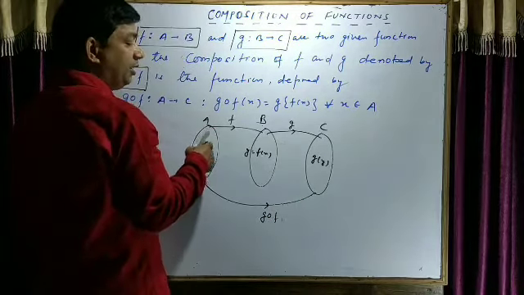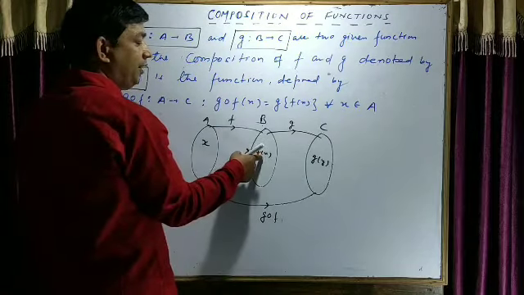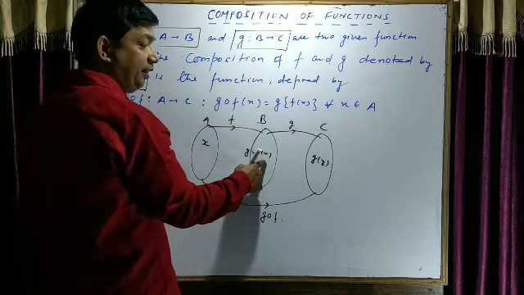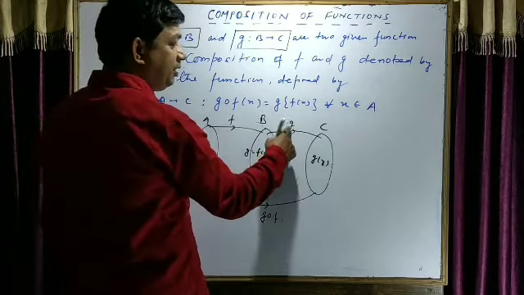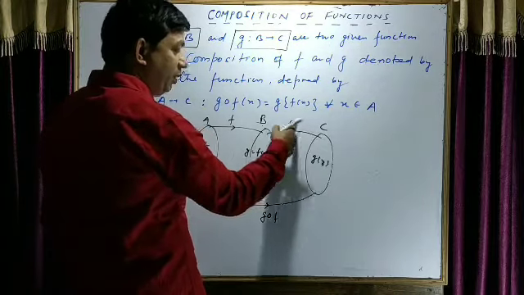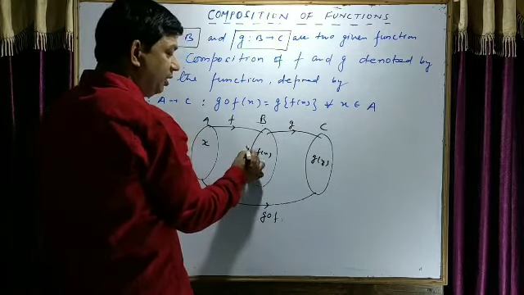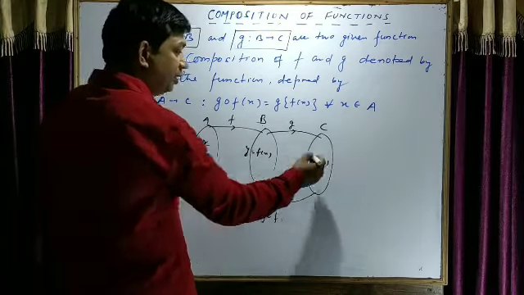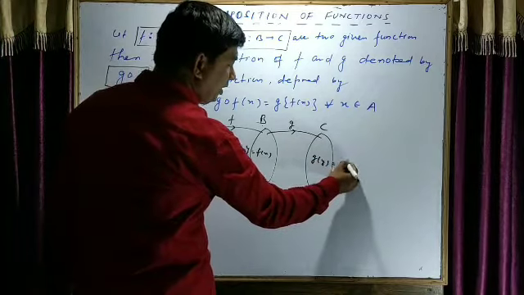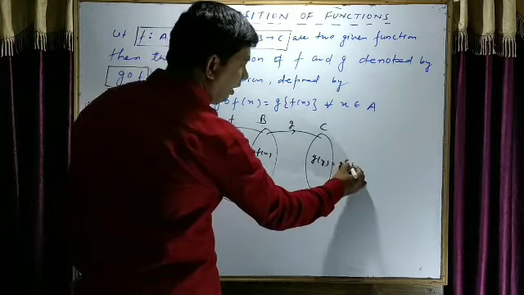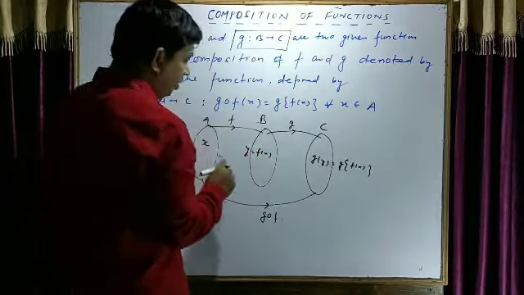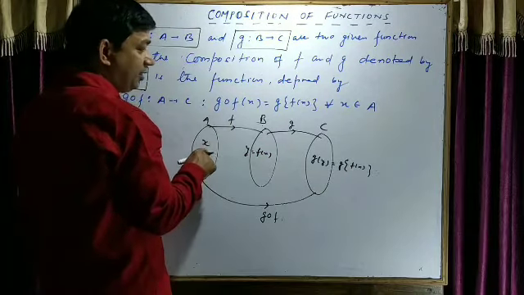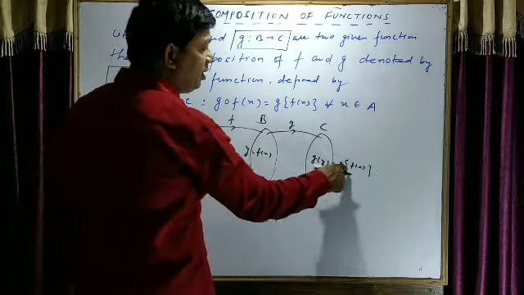Here it is x, and this is f, then this is called f of x, the image of x. If g is a function from B to C and y belongs to set B, then this is called g of y. Now this g of y can be written by writing f of x in place of y. So if A contains x, then C contains g of f of x.